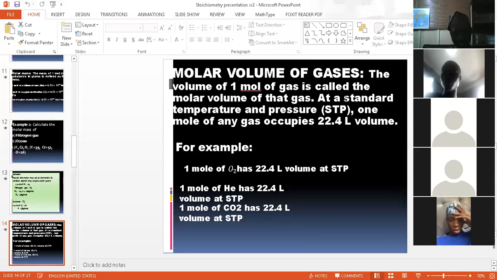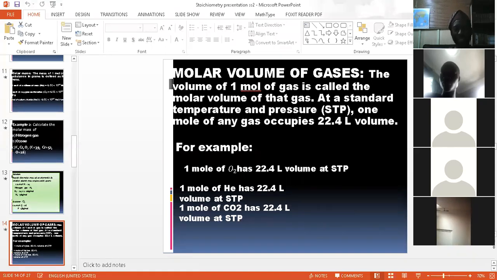Substances that are gaseous. 1 mole of a gaseous substance occupying a particular volume at STP, standard temperature and pressure, gives the molar volume of gas of the substance. So the volume of 1 mole of gas measured at STP is termed the molar gas volume.